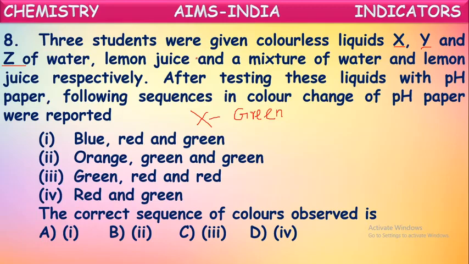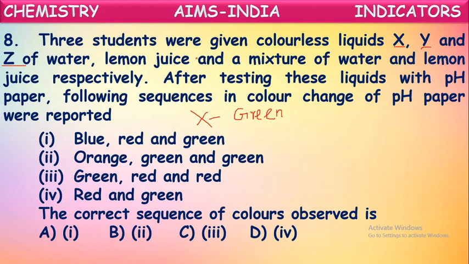As there is lemon juice in water, it resembles an acidic solution because lemon juice contains some acids like citric acid and ascorbic acid. So by the presence of these acids, the second solution, that is Y, will give the color change red. Okay, red. It changes to red color.